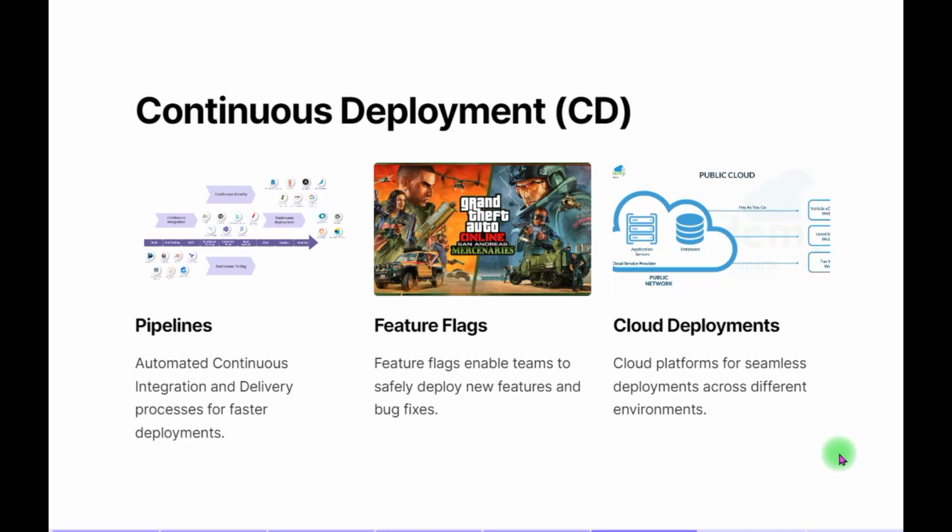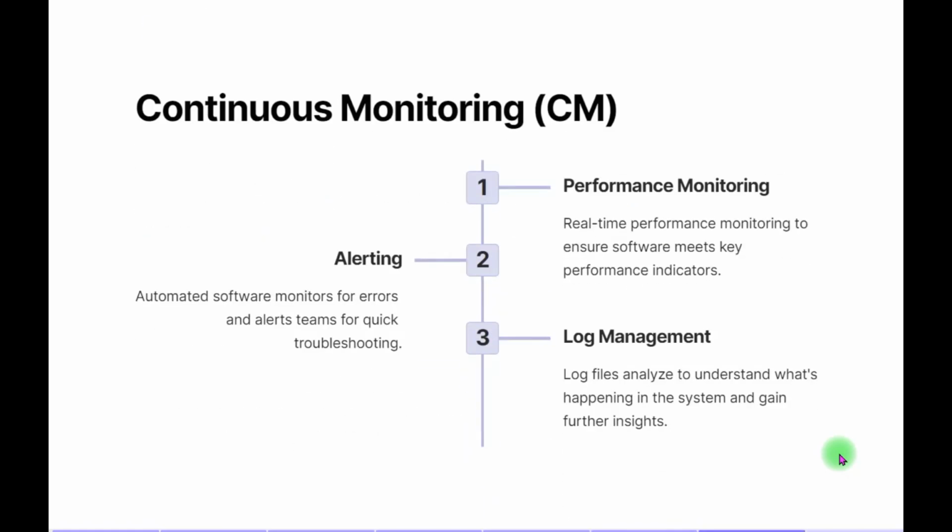Now let's talk about the last and very important phase, the continuous monitoring phase. As you know, after developing anything, once it goes to production, we need to monitor, right? Without monitoring, we will not be able to understand where we need to focus and how to fix any issue.